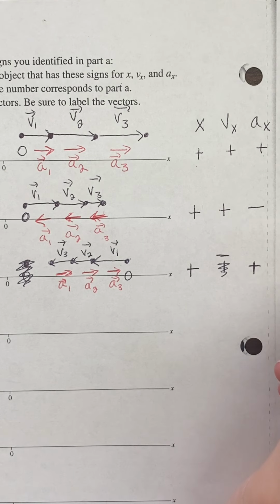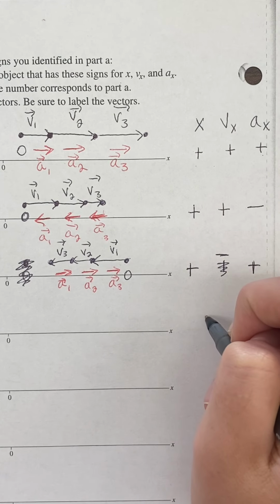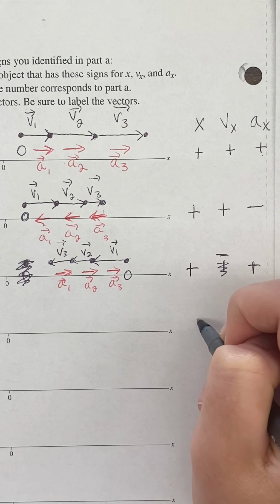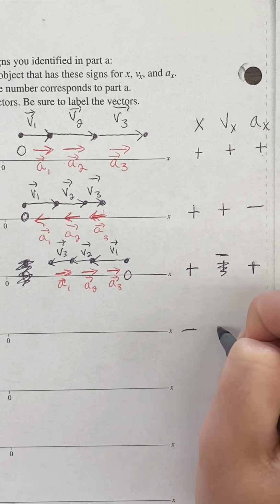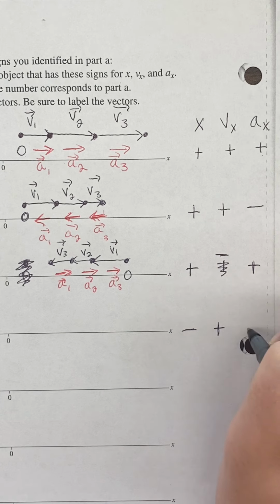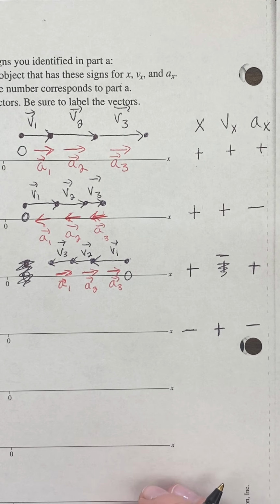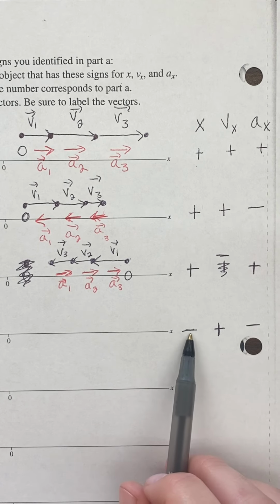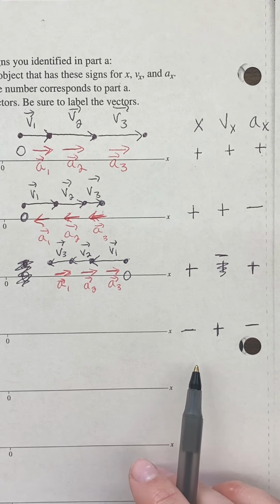So let's try drawing a motion diagram when, which one should we do? Let's do when position is negative, velocity is positive, and acceleration is negative. Okay, so if position is negative, our object is going to be starting to the left of 0.